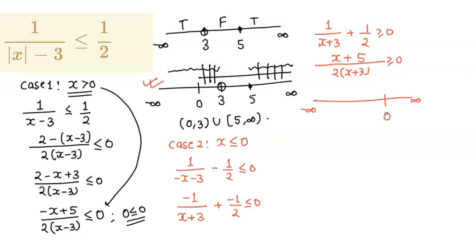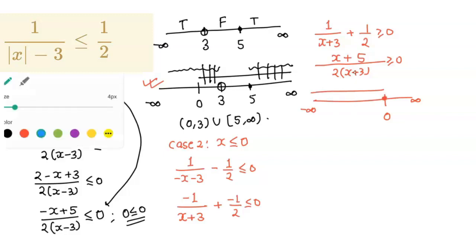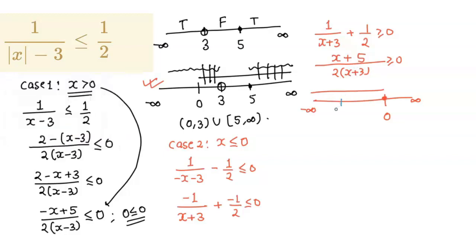So this is 0, and we have to take the answer for x less than or equal to 0. Here 0 is included. From the numerator we'll get minus 5, and from the denominator we'll get minus 3. So this is minus 5 and this is minus 3.